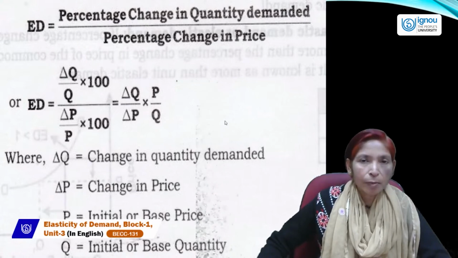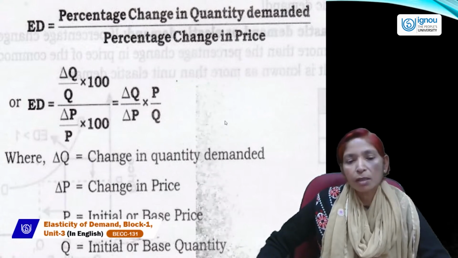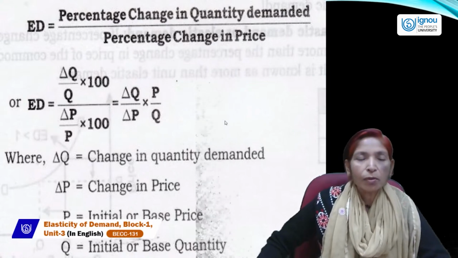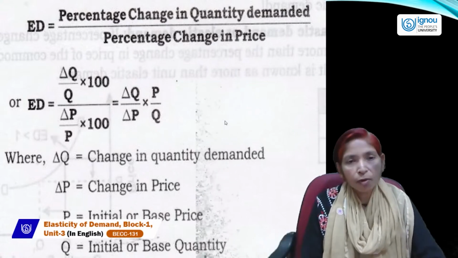P is the initial price and Q is the initial quantity. So we can calculate elasticity of demand by using these two formulas.